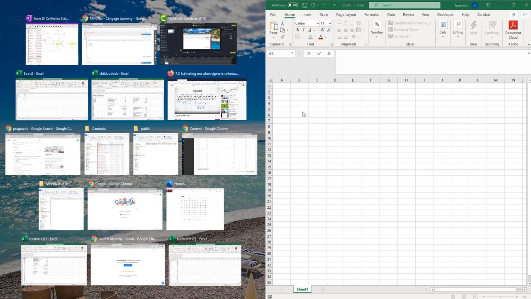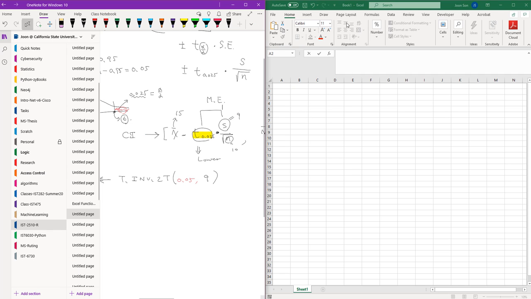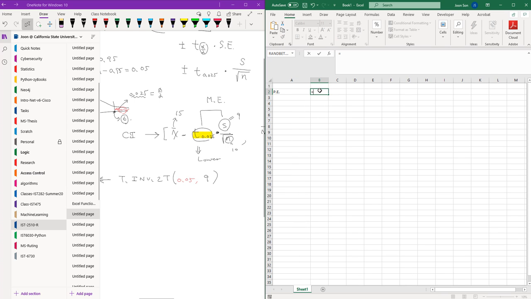I want to find the t value. Let me just write down everything. Let's say the point estimate is equal to 15, which is x bar.